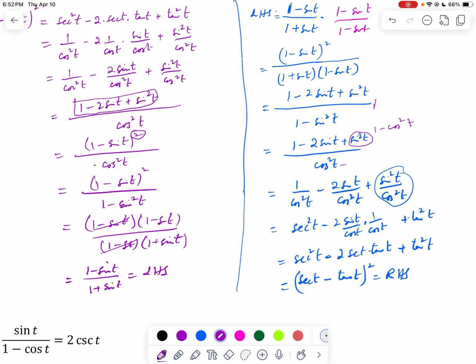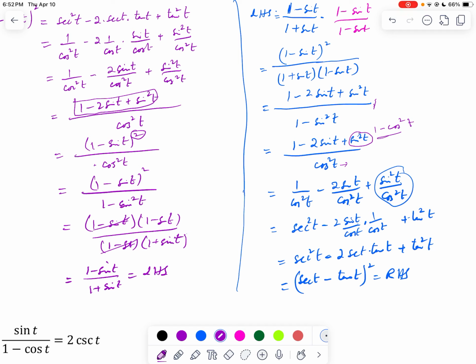Or changing this to 1 minus sine square t. Well, we got this from the 1 minus sine square t in the previous step, so there is no point in rewriting this back to 1 minus sine square t. But then why didn't I change it to this? In some cases we did, why not here? That wouldn't help us, keeping in view that we have to get secant and tangent.